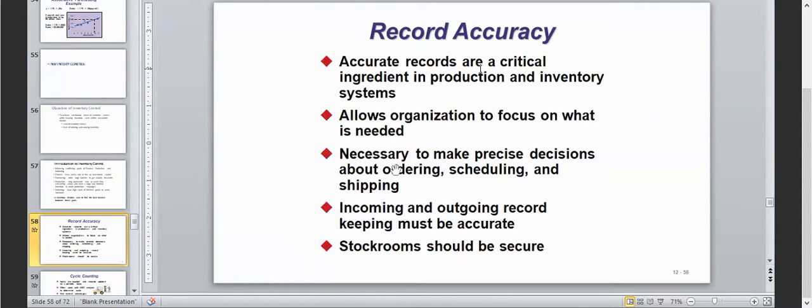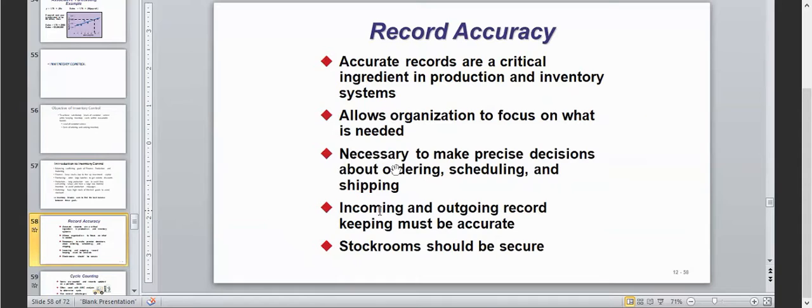Accurate records are a critical ingredient in production inventory systems, which allow organizations to focus on what is needed. Based on record accuracy, it can help the organization make precise decisions, especially about ordering quantity, scheduling, and shipping.